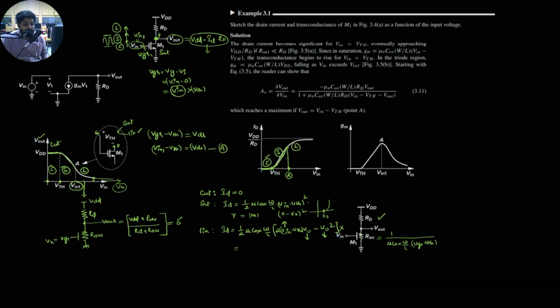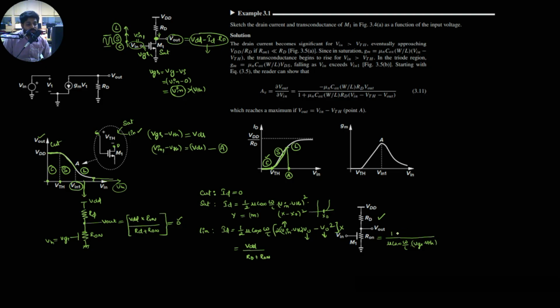When it is an on resistance, VDD voltage is applied and the ID current will be VDD by the total resistance, RD plus Rn.